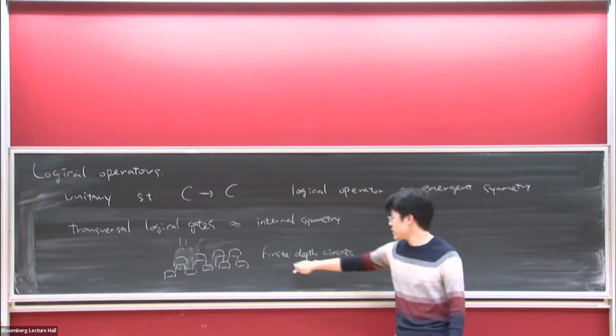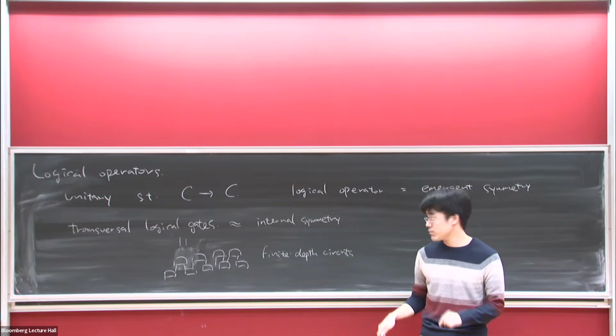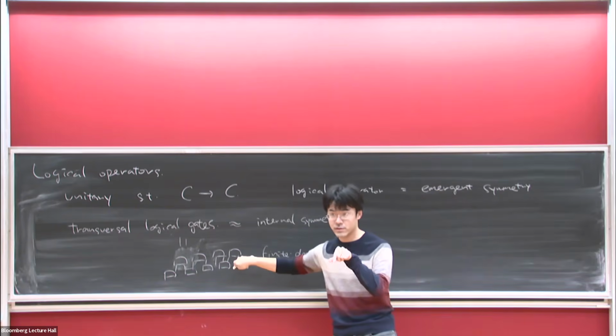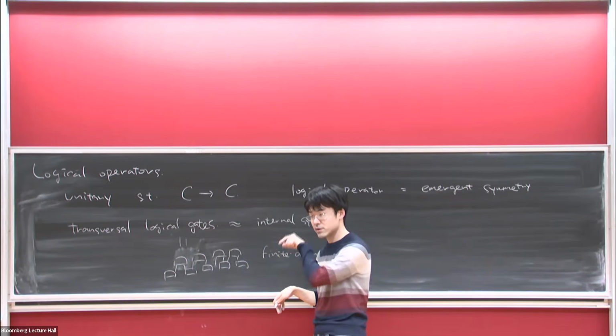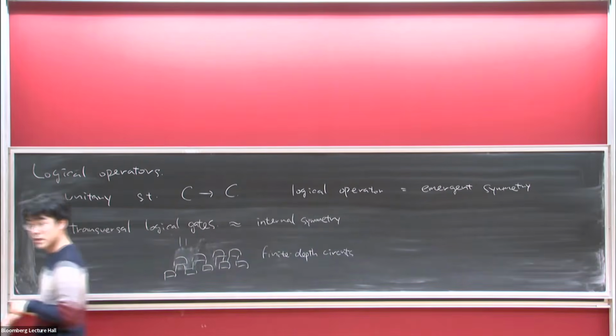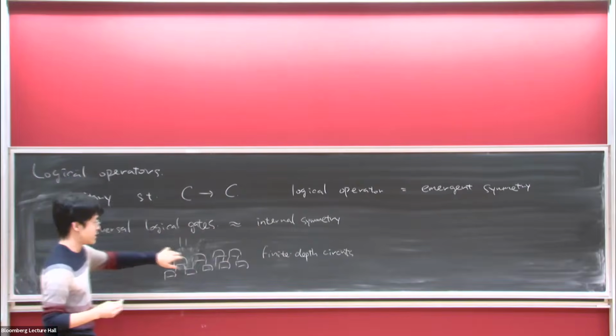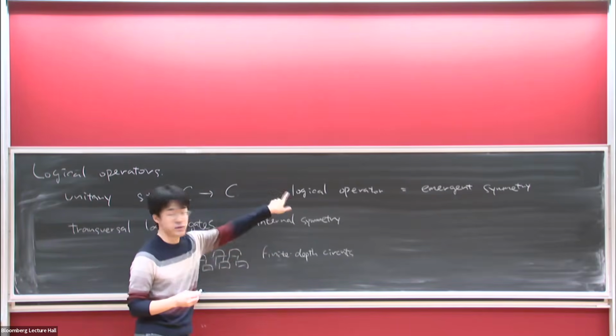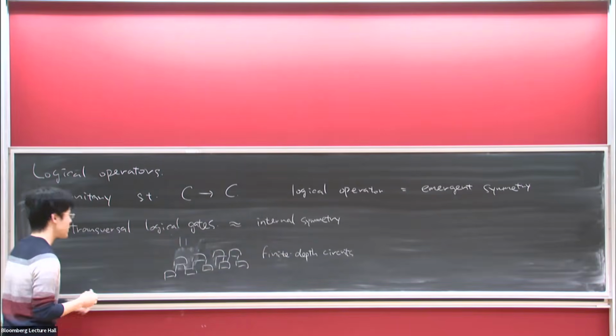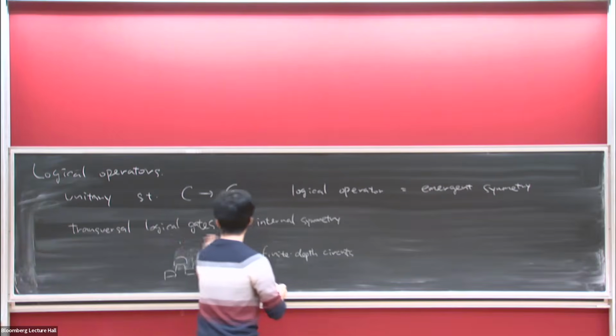But in my talk, I just focus on the finite circuit because it can be easily implemented by acting local operations. So do you define transversal logical gates by the right-hand side, or do you have an independent definition? Let's say a transversal logical gate is defined as a finite circuit which preserves the code. Okay, for your target, yes, that's the definition I use.